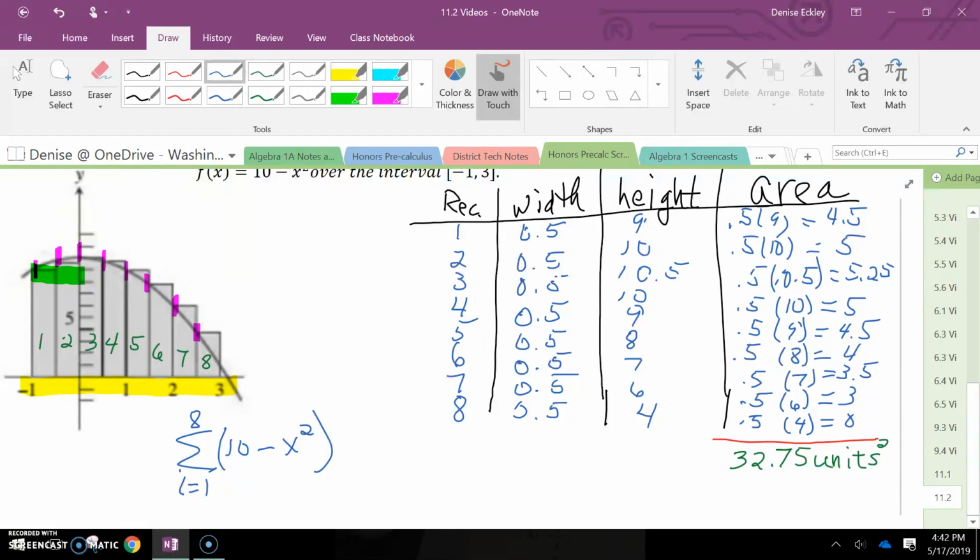And then my change in x, as we know, is a half. So this value is 0.5. And when I do that, I get these values for the area. And you can see that they're almost exactly the same.